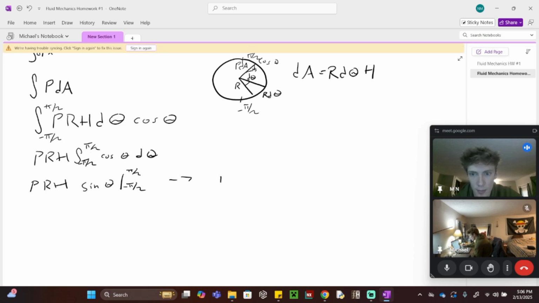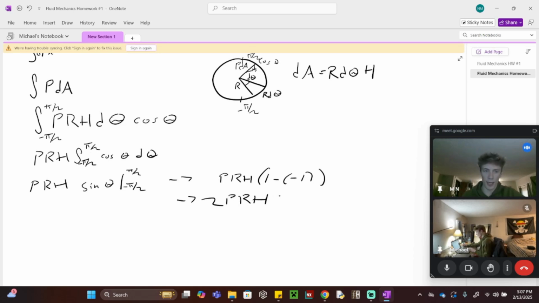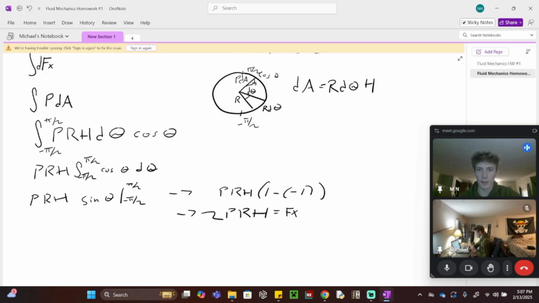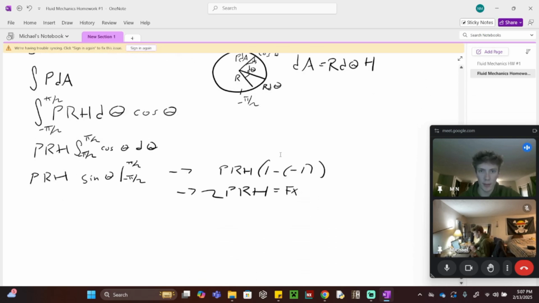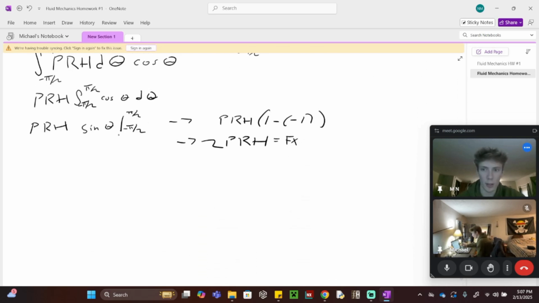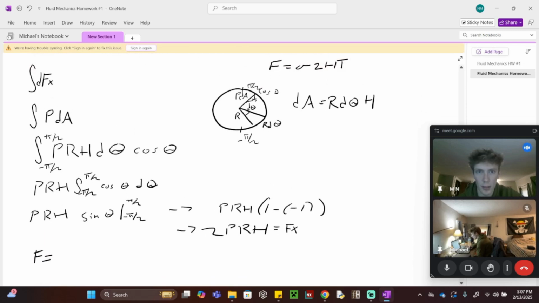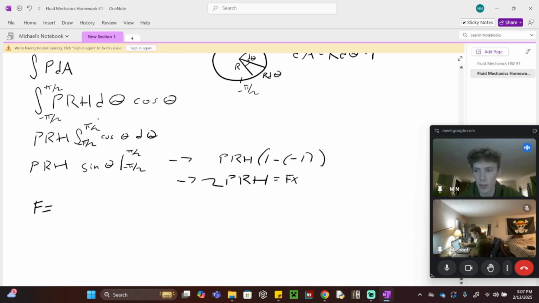So this leads into PRH times 1 minus negative 1. So we end up getting 2PRH as our force acting in the x direction. So we can compare this to our force here. So this one was F equals sigma 2ht, so we're just going to call it 2 sigma ht.